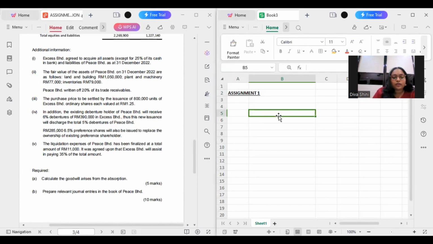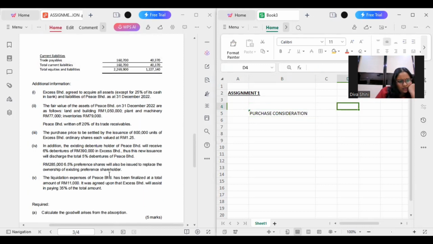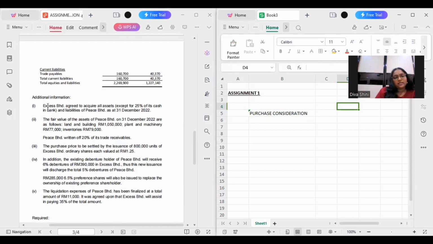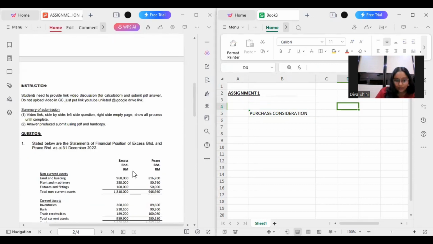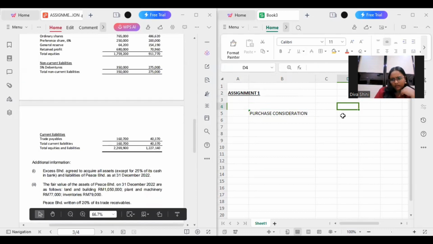For the goodwill, we need to write the purchase consideration. We need to calculate the purchase consideration for the absorbed company, which in the question they stated, Access Berhad agreed to acquire all the assets of Peace.